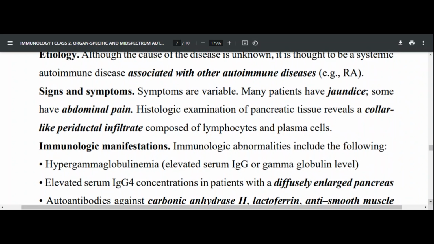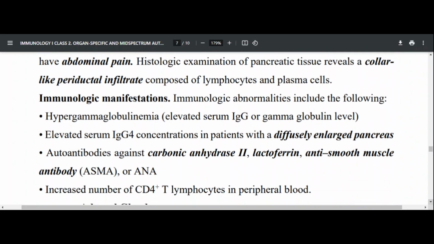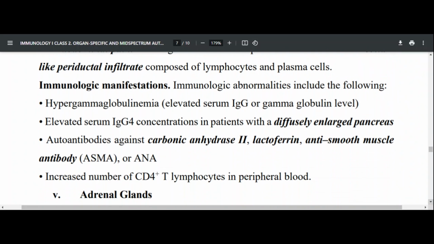The immunologic abnormalities include, first of all, hypergammaglobulinemia, elevated serum IgG4 concentrations in patients with a diffuse enlarged pancreas, and also autoantibodies against different parts of the pancreas. Those are antibodies against carbonic anhydrase 2, lactoferrin, anti-smooth muscle antibodies, and even anti-nuclear antibodies can also be seen. Increased numbers of CD4 plus cells in peripheral blood will also be seen.